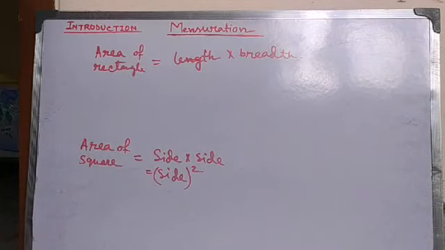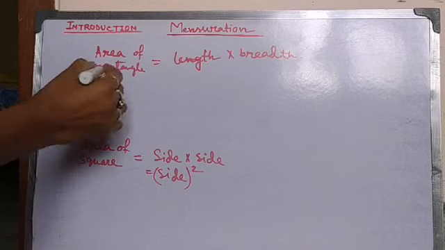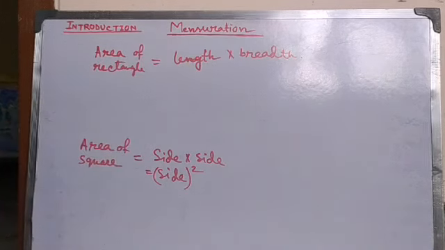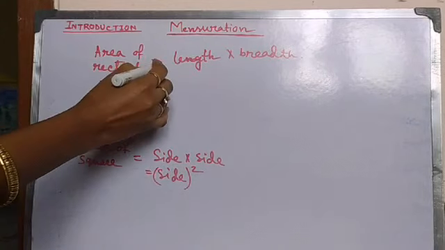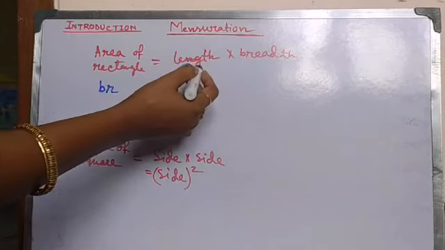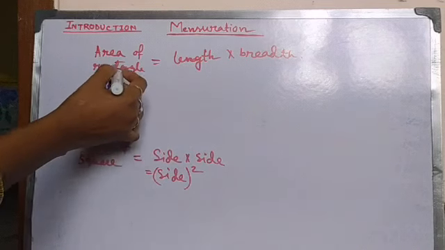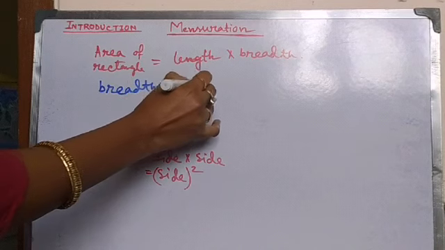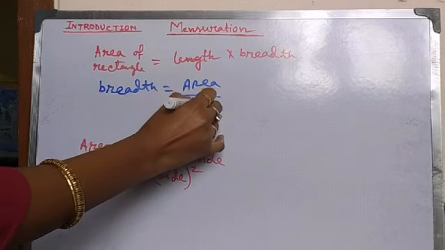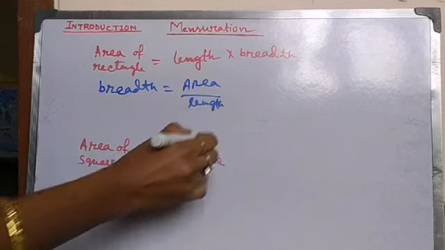Here area of the rectangle means length into breadth. If area and length are given, then how to find out breadth? Breadth will be fixed on the right side, then length will come down under area. So breadth equal to area by length.